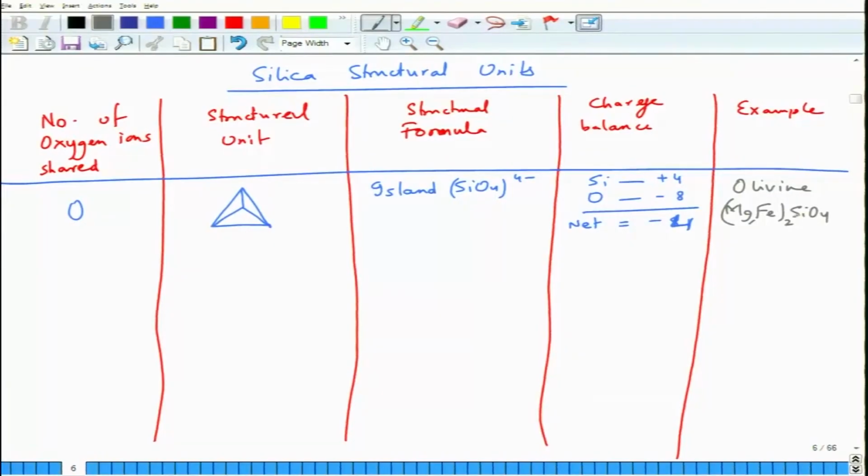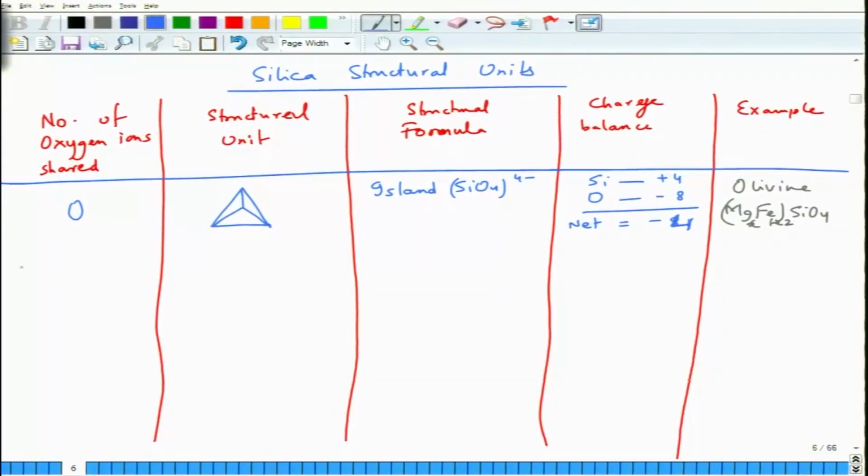So, it could be Mg2SiO4, Fe2SiO4, or 1 Mg 1 Fe SiO4, and if both of them are in +2 charge state, then you can have any fraction of them. It could be MgxFe1-xSiO4 if both of them are +2. So, they will make it charge neutral by attaching themselves to the corner of the polyhedra. So, this is essentially an olivine structure.